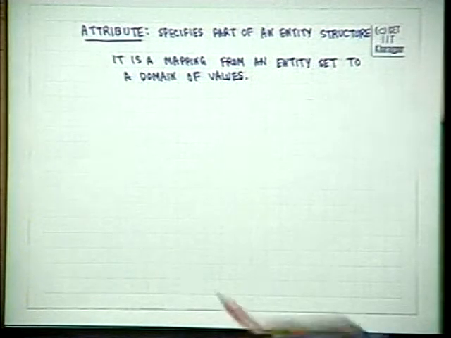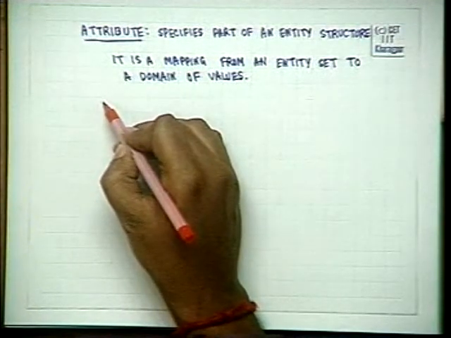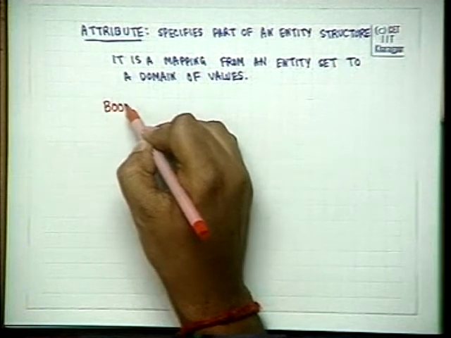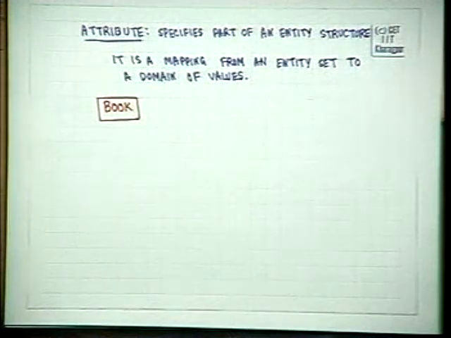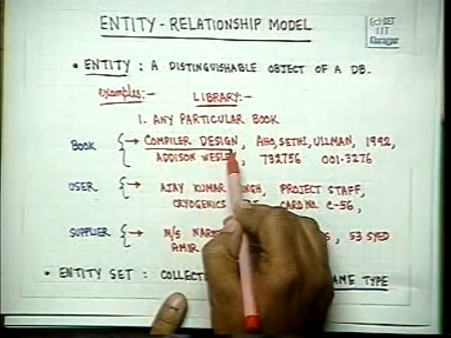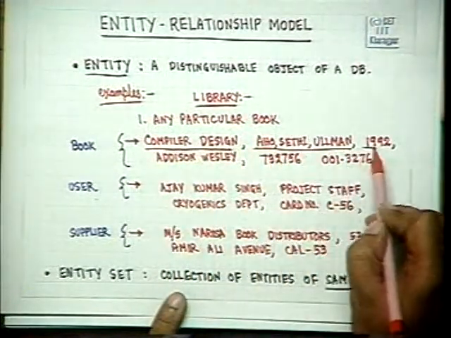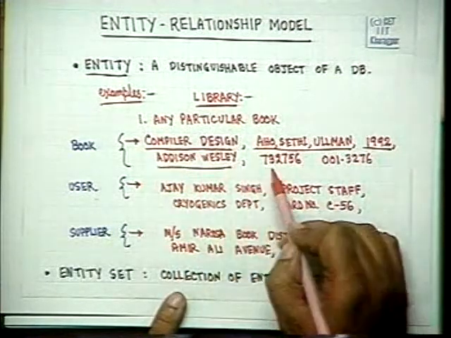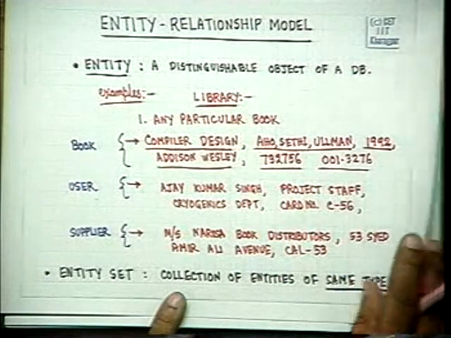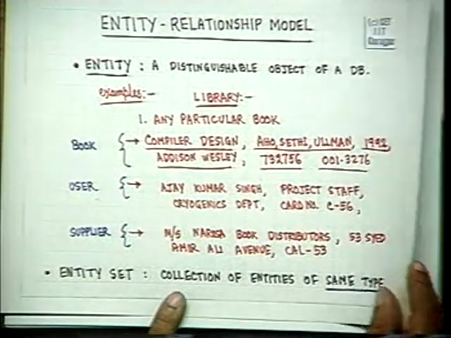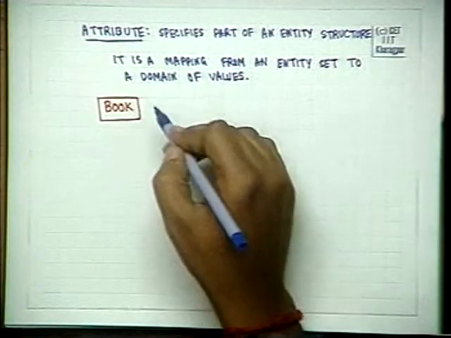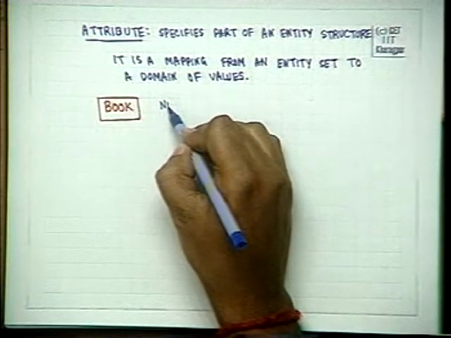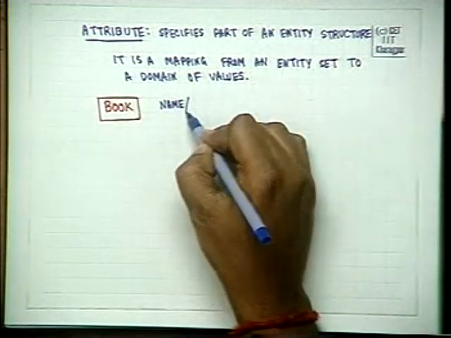Consider as an example the entity set book. It will have several attributes as we have seen: name, author, year of publication, publisher, accession number, call number. Let us for the time being concentrate on these attributes. So the attributes which we may have are name or title.